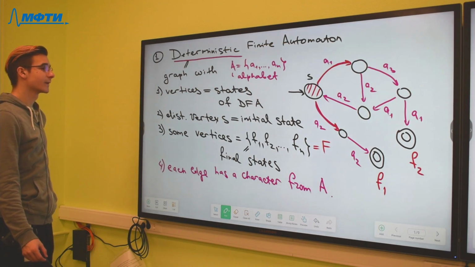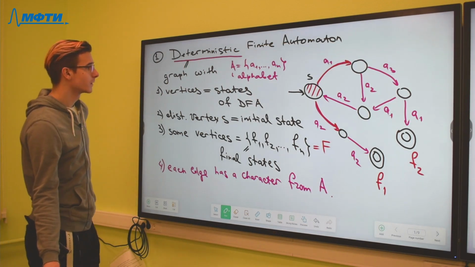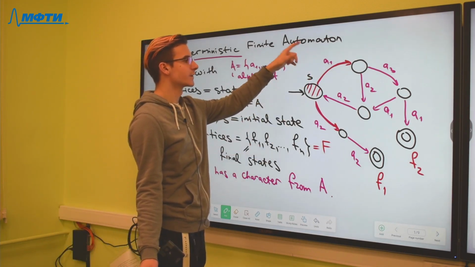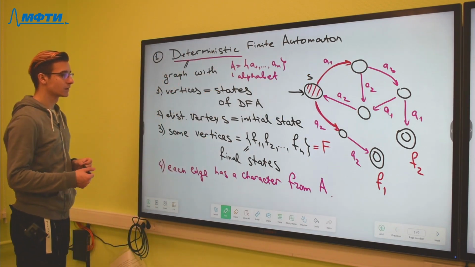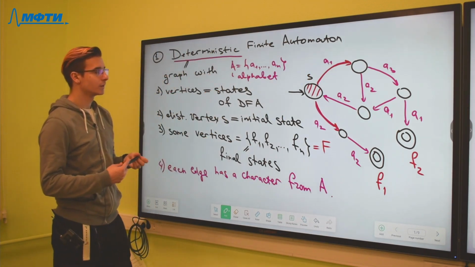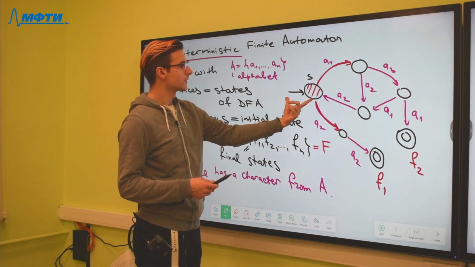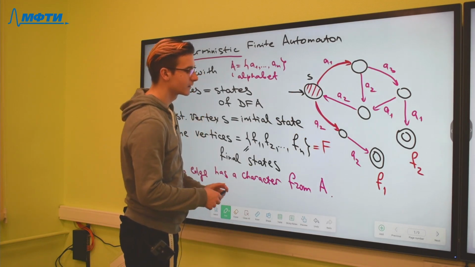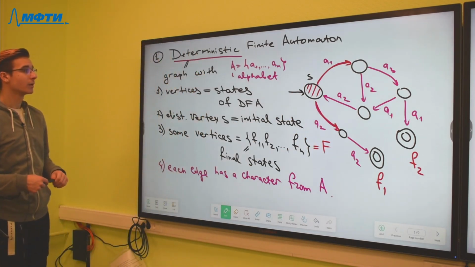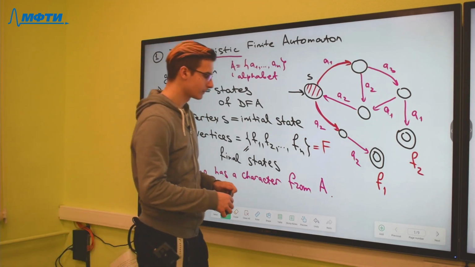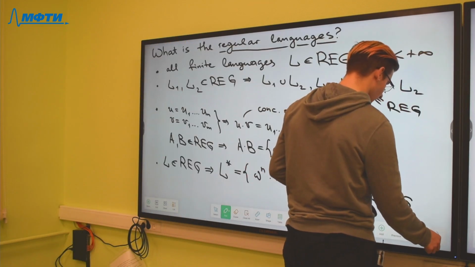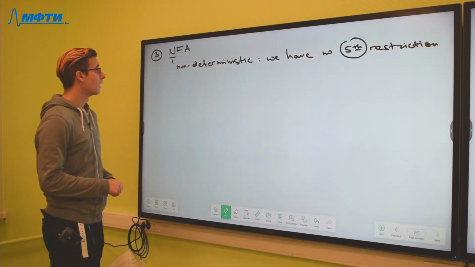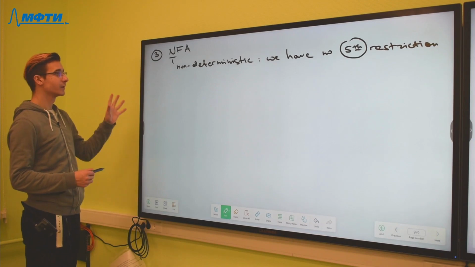So it is a collection of vertices and edges such that for all the edges we set the character that is connected with it. And we have one distinct vertex that is the initial state and some vertices that we name the final states of the automaton. So that's about the definition.